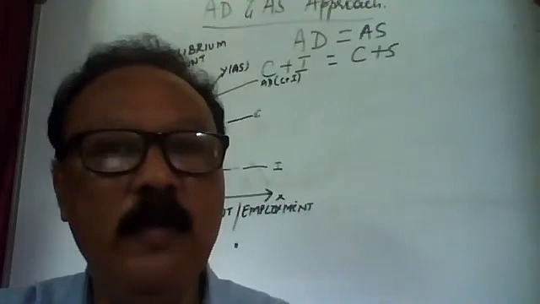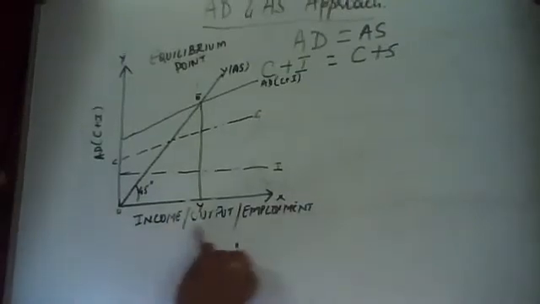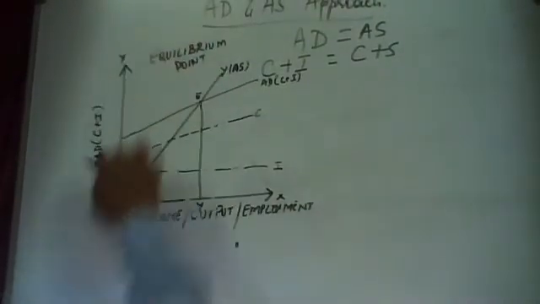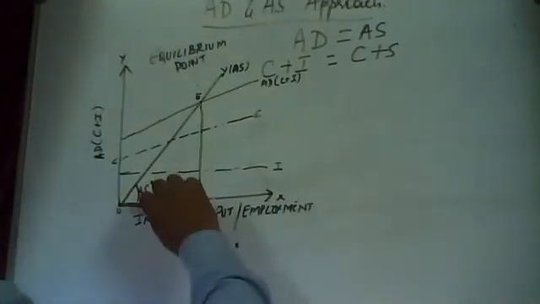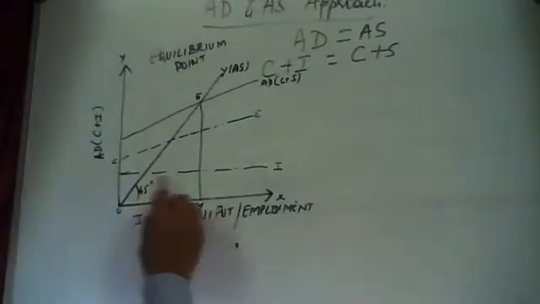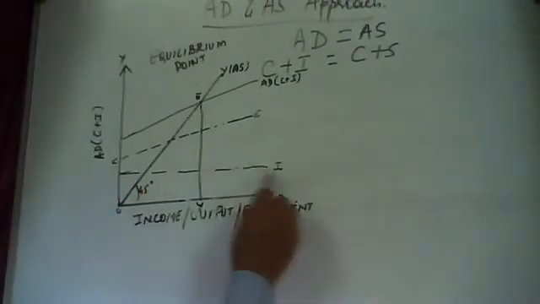So what have I told you? Once again, look on the board. On the x-axis, we take income, output, employment. On the y-axis, we have the AD, which is the summation of C plus I. We have the 45-degree line, which is the national income or the aggregate supply or the income. We have this line here, I, which is parallel to the x-axis.